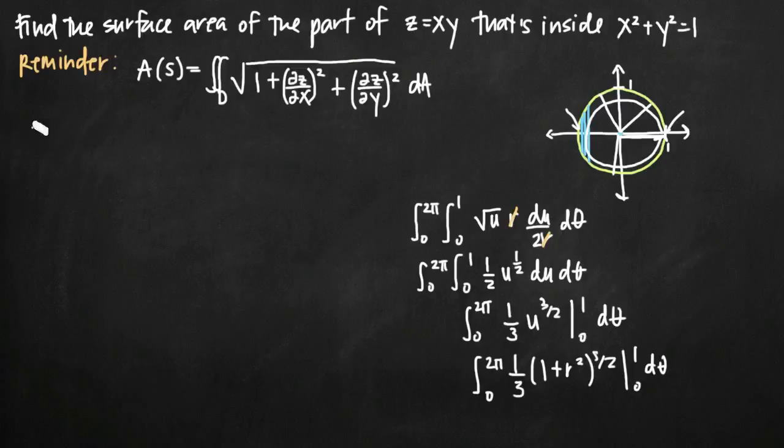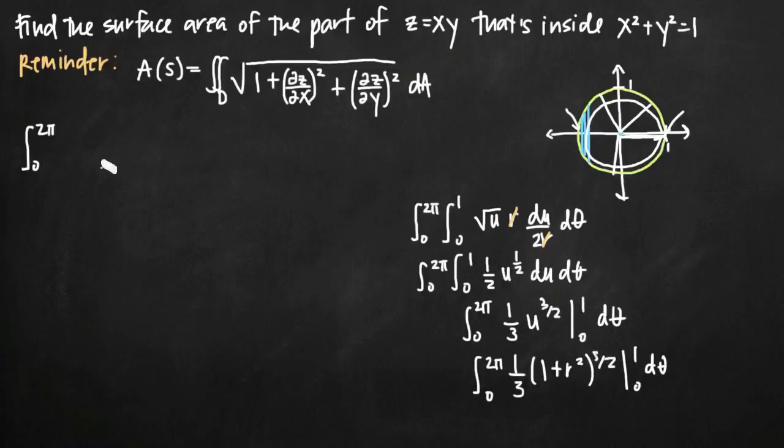Now if we plug in our upper limit of integration 1 to our 1/3 times 1 plus r squared raised to the 3/2, we'll get 1 plus 1 inside here. 1 squared is just 1, so we get 1 plus 1, which is 2. 2 raised to the 3/2 is going to be square root of 8, because 2 to the 3rd is 8, and then 8 to the 1/2, taking into account the 2 here in our denominator, is square root of 8.